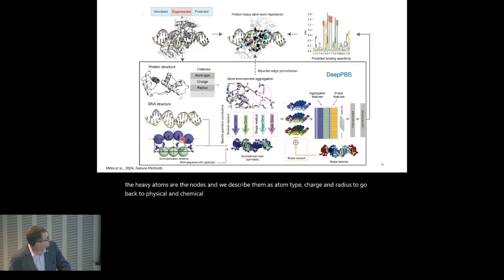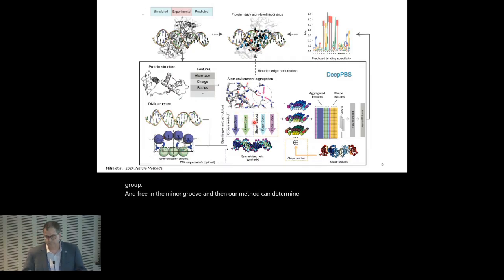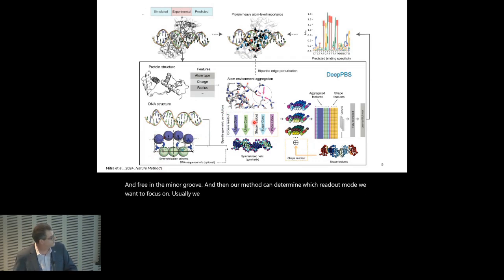And the DNA, I explained already, we take the DNA molecule and strip off the sequence identity, describing it by these 4 positions for functional groups. This is the major groove and 3 in the minor groove. And then our method can determine which readout mode we want to focus on. Usually we use all readout modes.